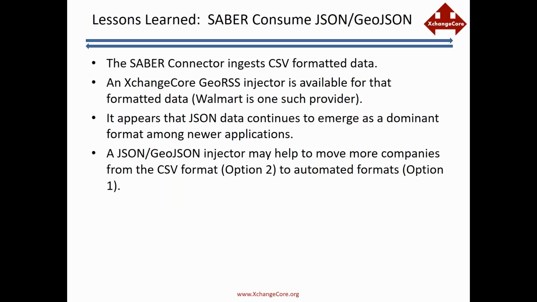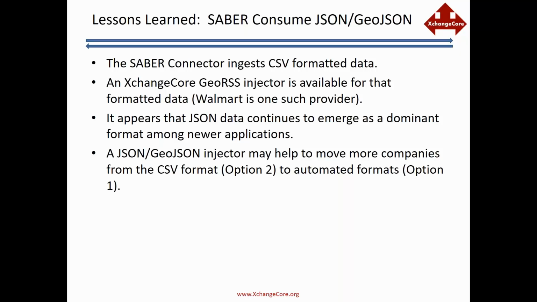That's right, JSON, GeoJSON. XchangeCore provides GeoJSON format. The SABER connector at the present time only ingests a CSV format from a spreadsheet, or there's an XchangeCore GeoRSS injector that Walmart uses that moves the GeoRSS formatted data into XchangeCore.